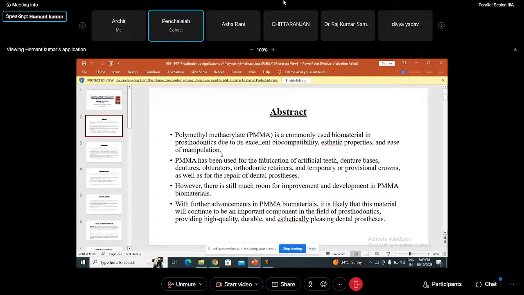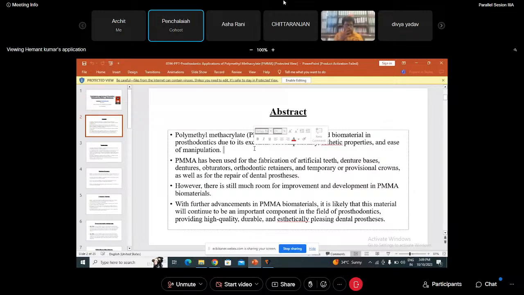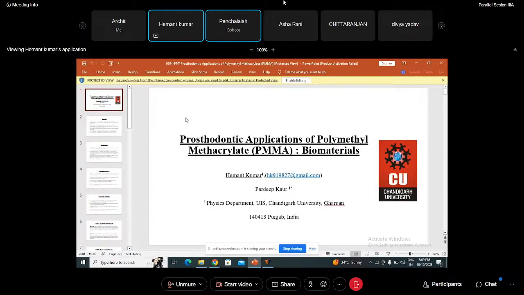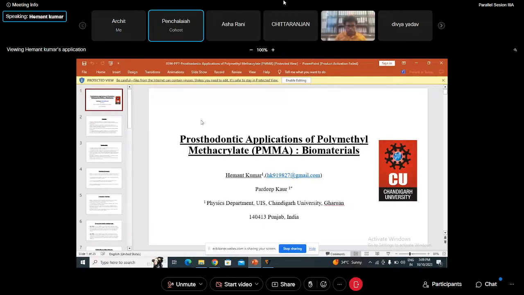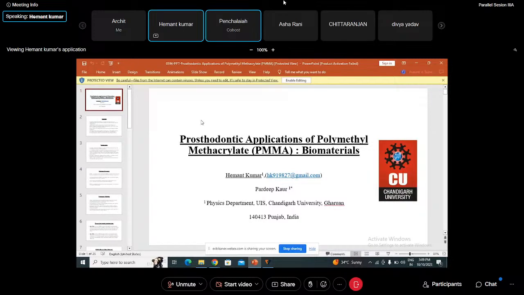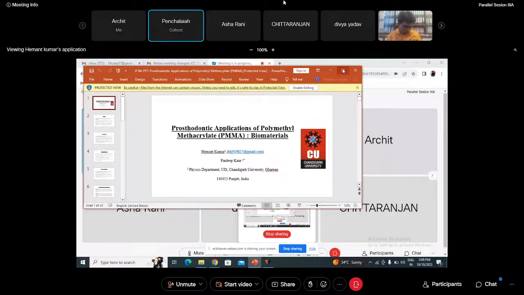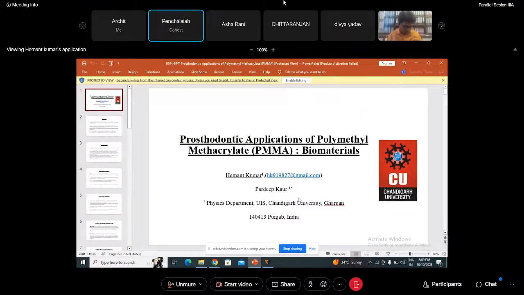So now can I share? Yes. Go to the full screen. Enable editing, the top option is there. Yes, visible. Okay, proceed, sir. Go to the full screen mode. Enable editing, top right.